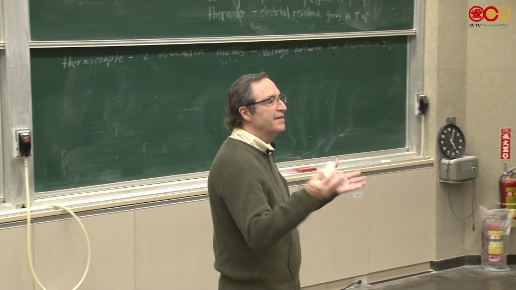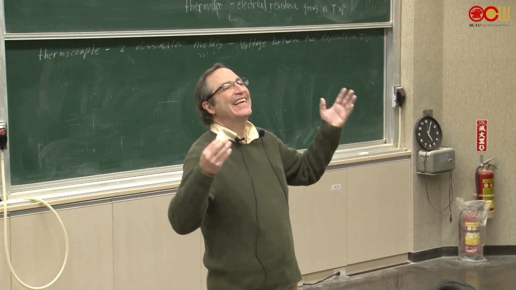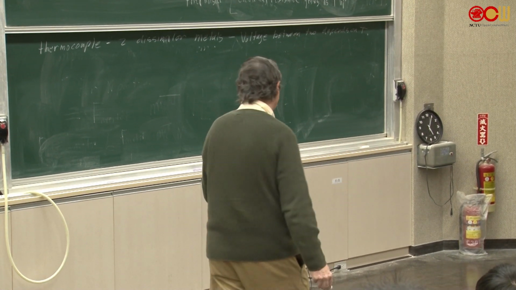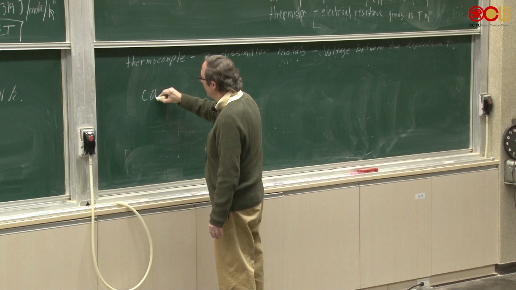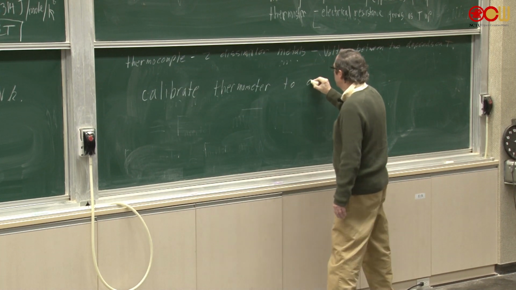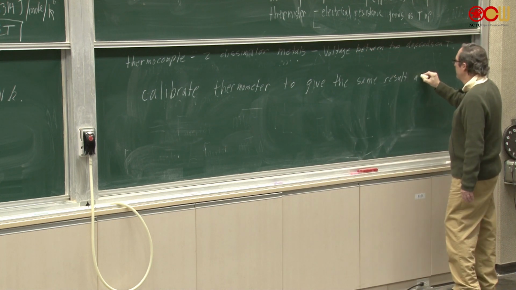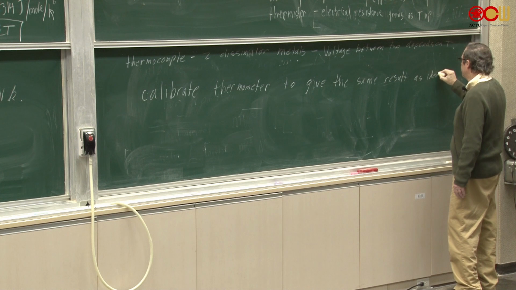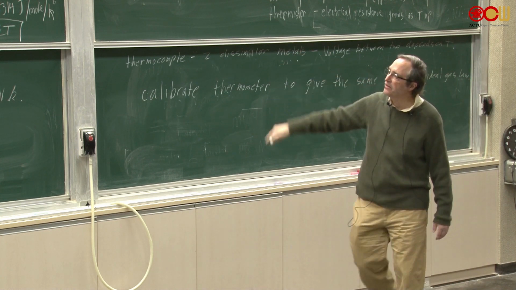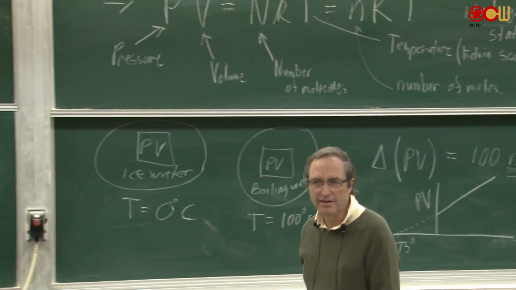So this property depends on temperature, and then you have to calibrate the thermometer to give the same result as the ideal gas law. You basically calibrate these thermometers so they give the right temperature for the ideal gas law.